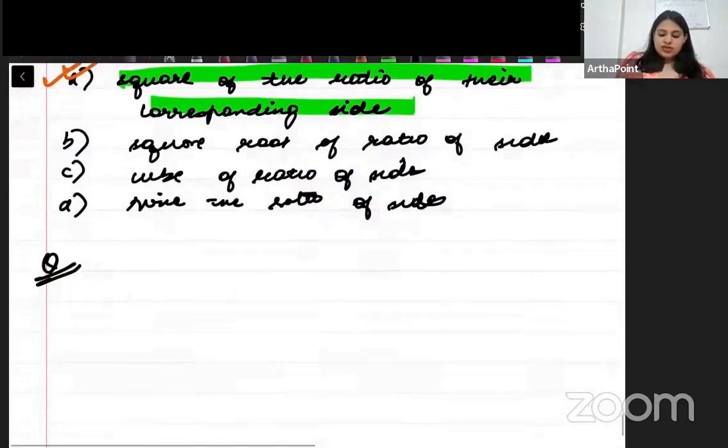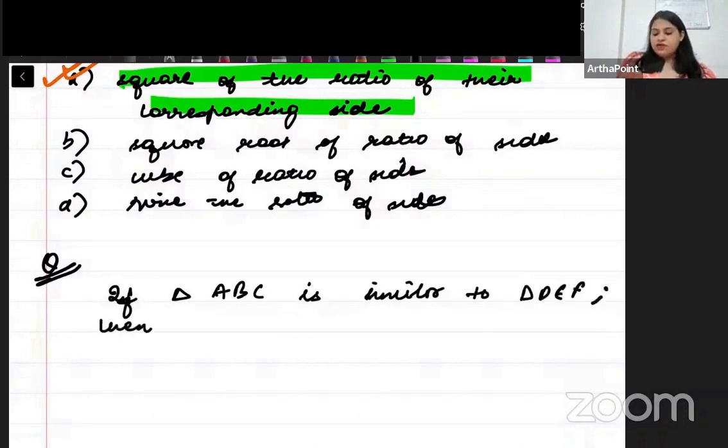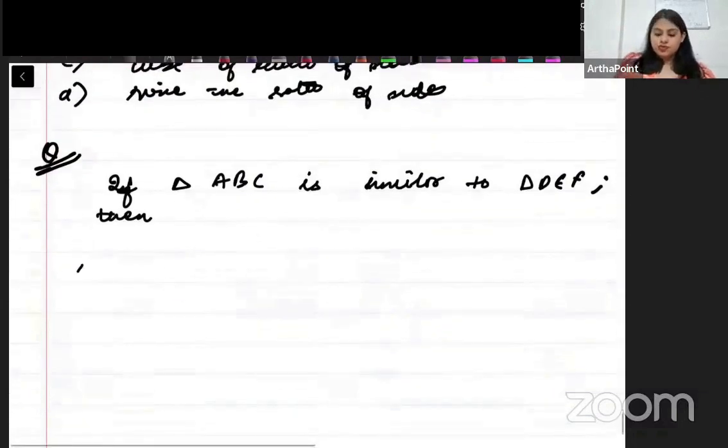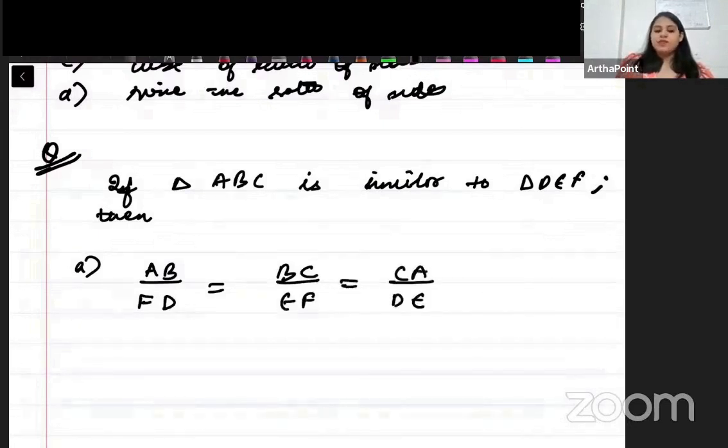So now I am saying that in triangle ABC is similar, if triangle ABC is similar to triangle DEF, then which of the following holds true? A, AB by FD is equal to BC by EF is equal to CA by DE.